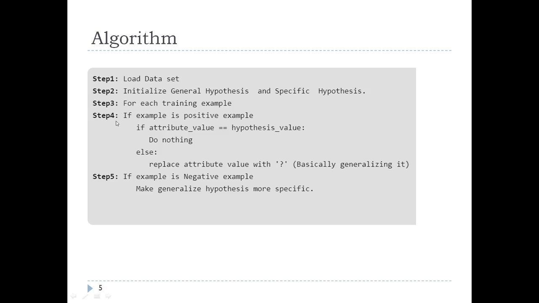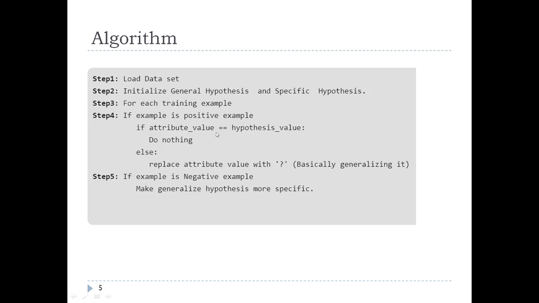To make it easy to understand, here are the steps in the implementation of the candidate elimination algorithm. Step one is loading the data set, and here we'll be using a .csv file to store the data set. Step two is to initialize the general hypothesis and the specific hypothesis. Step three, for each training example, if the example is positive, we compare the attribute value with the hypothesis value.